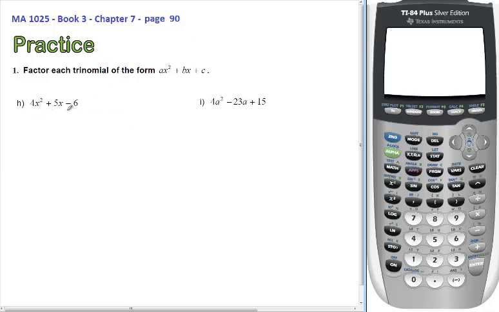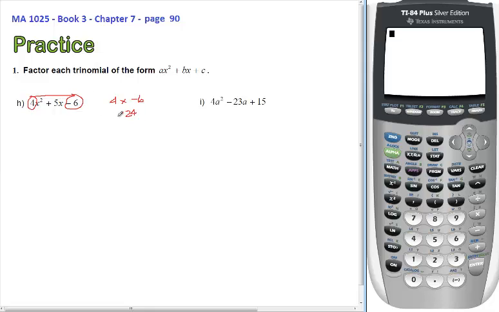Now, if it's a trinomial and if it's factorable, you can work backwards basically from your multiplication method. We want to try to find two numbers that multiply to give you the leading coefficient times the constant. So we want to find two numbers that multiply to give you negative 24, because 4 times negative 6 is negative 24.